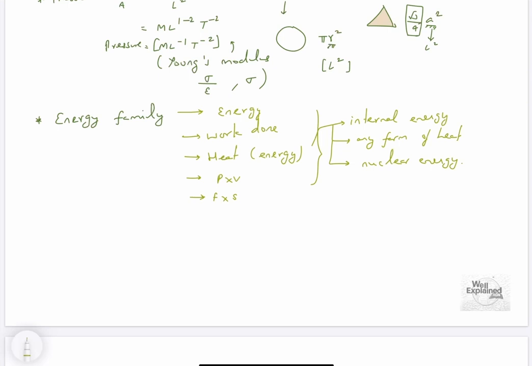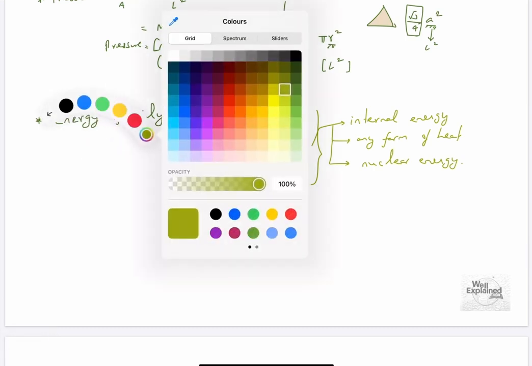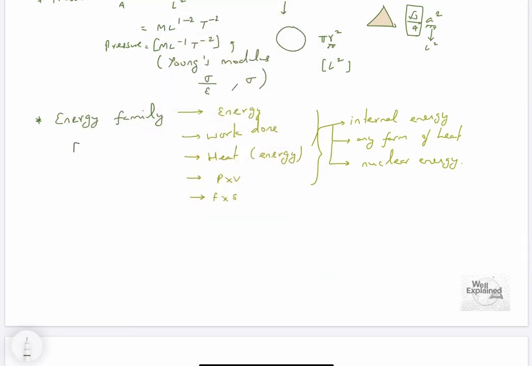Wherever you see the word heat, energy, immediately remember this dimension: M L square t power minus 2. Very, very important.